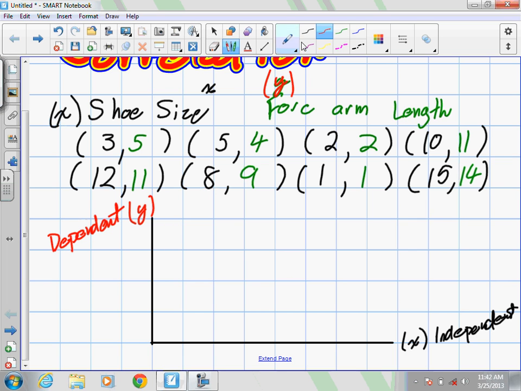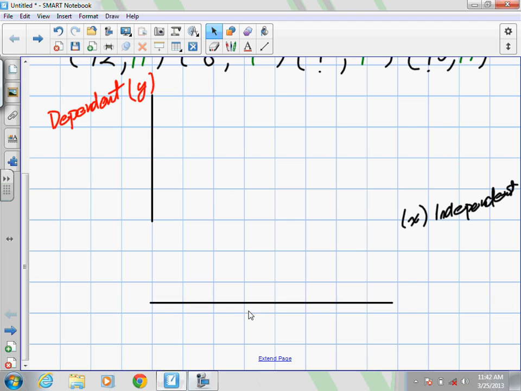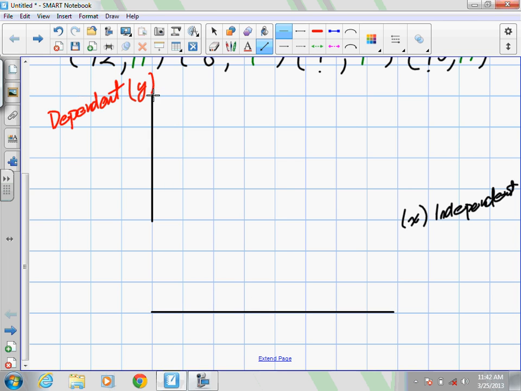So we set up our graph here, and it looks like shoe sizes range from 1 to 15, and forearm length ranges from 1 to 14. So 2, 4, 6, 8, no good. I'm going to make this graph a little better here, sorry. Drag this down a bit. I'm going to go up by values of 2, hopefully. 2, 4, 6, 8, 10, 12, 14.